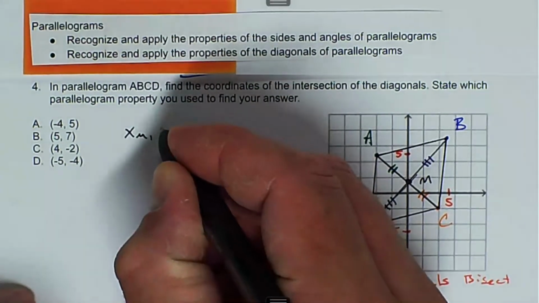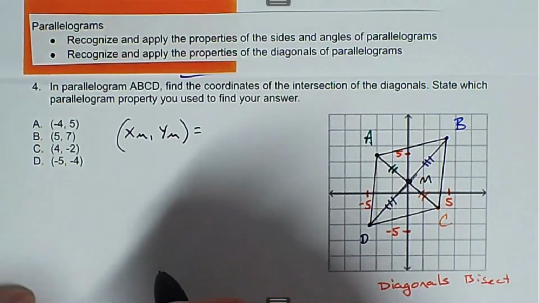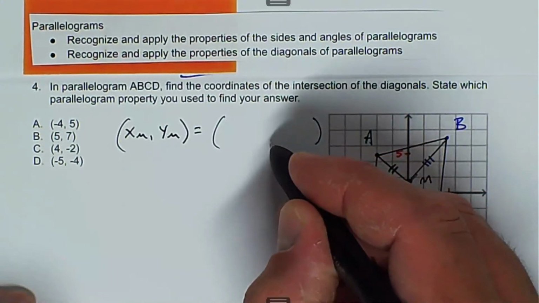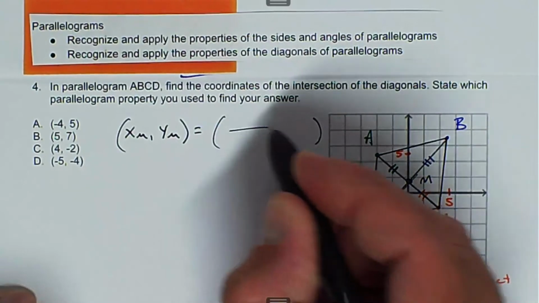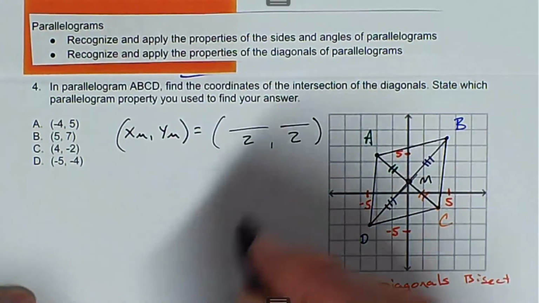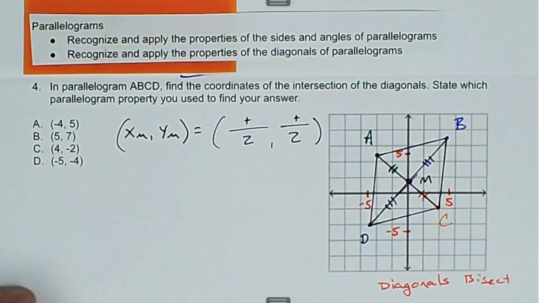So X mid, Y mid is equal to, what are the things that never change? Well, it's a point, so we're going to make an ordered pair. In both instances, we are going to divide by 2 because we are taking the average of 2 points. So then we're going to add the numerator. And we said we were going to do AC.